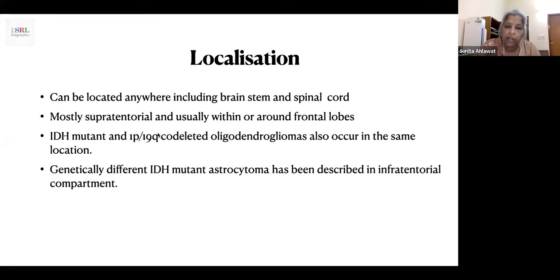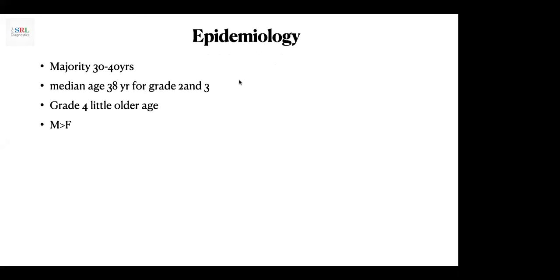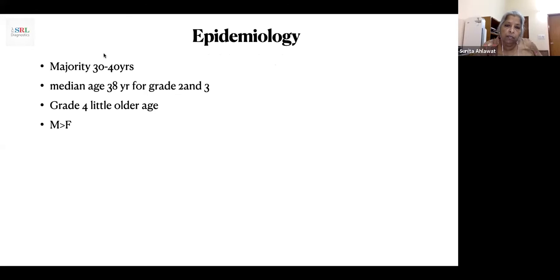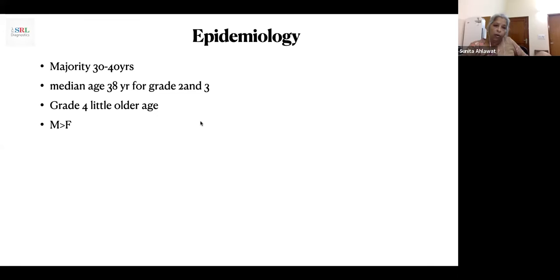Genetically different IDH mutant astrocytomas have been described in the infratentorial compartment. The age is between 30 to 40 years, and the median is 38 for grade 2 and 3. For grade 4 astrocytoma IDH mutant, the age is a little older, around 50, and male is more than female.